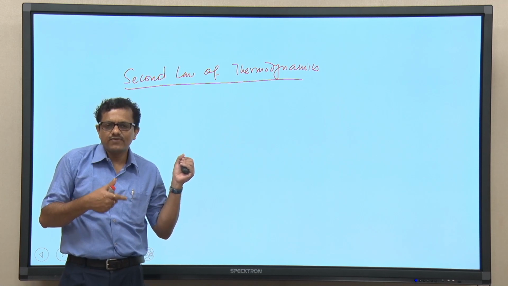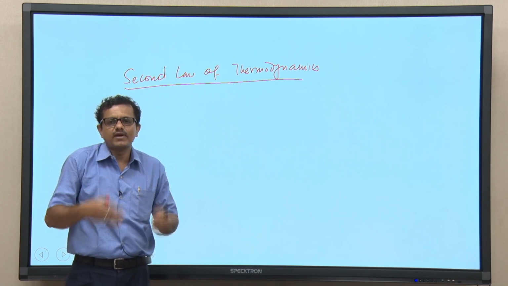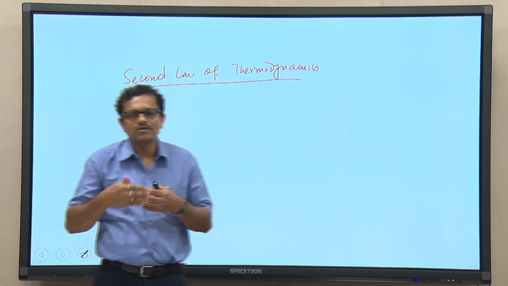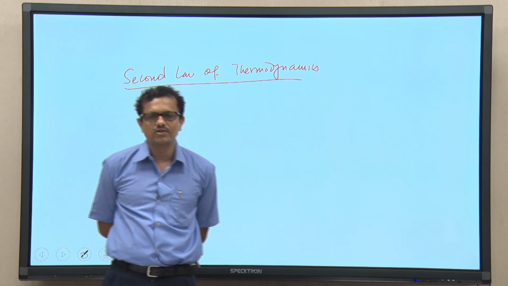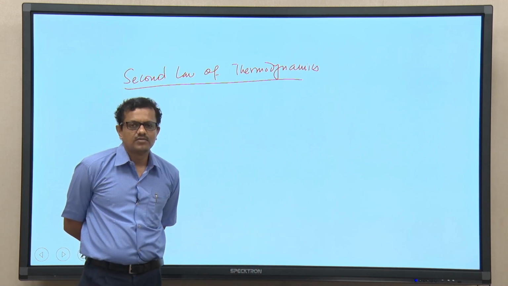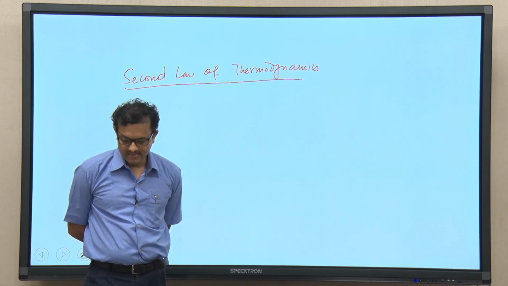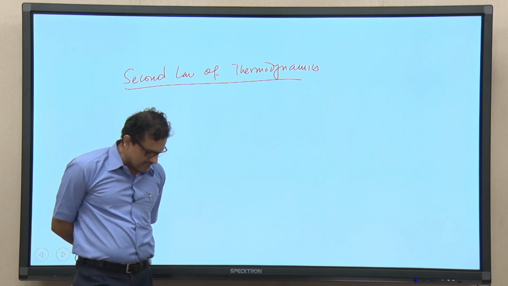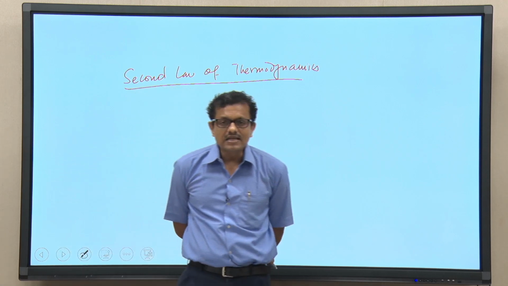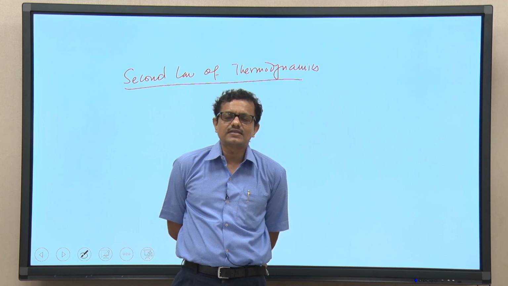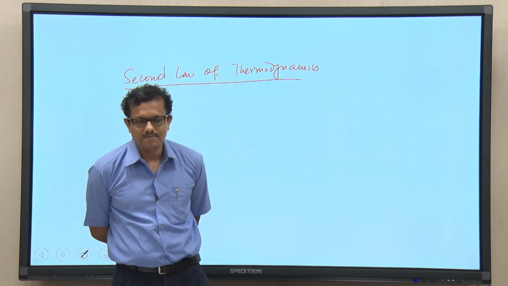So, the first law cannot provide the quantification, rather the ways by which we can quantify those properties which are not directly measurable. Second is that as I was telling, in this particular course we will be discussing different thermal systems.